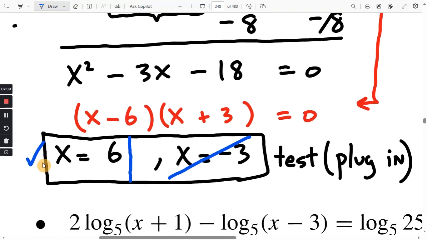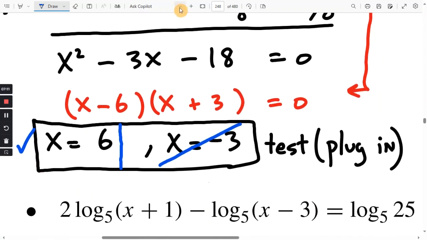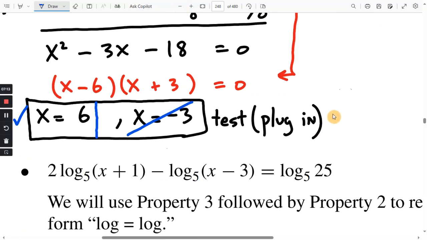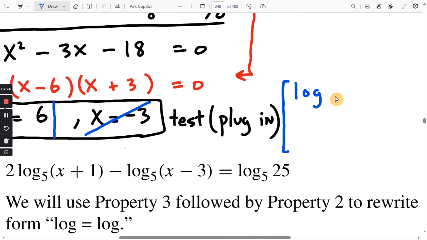So you test, you plug it in, and I'll write right here: log argument must be positive.